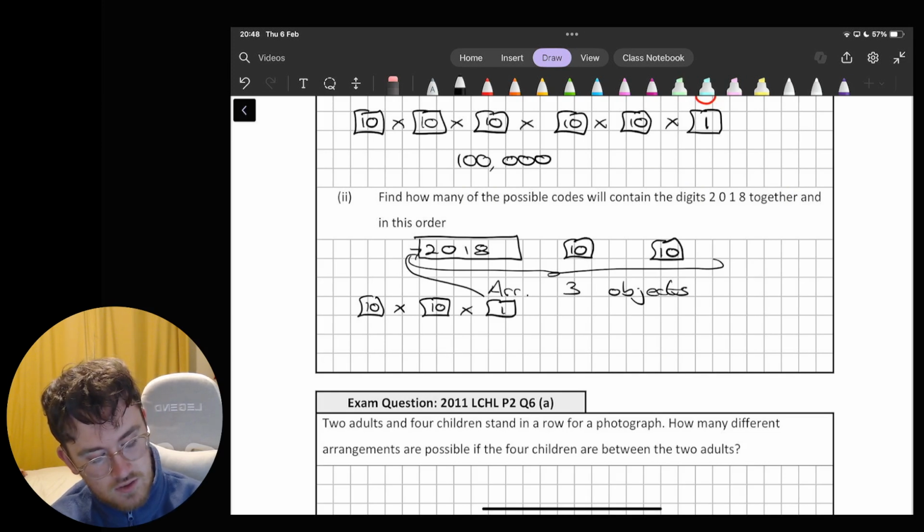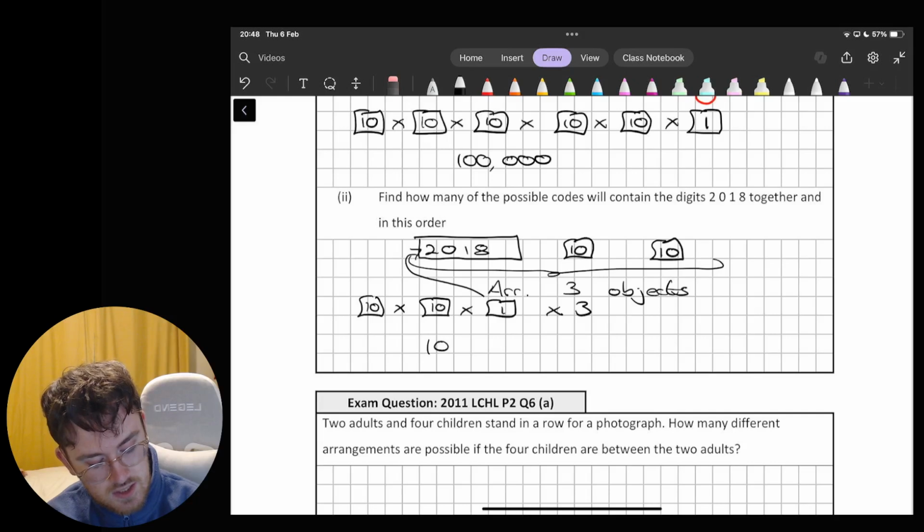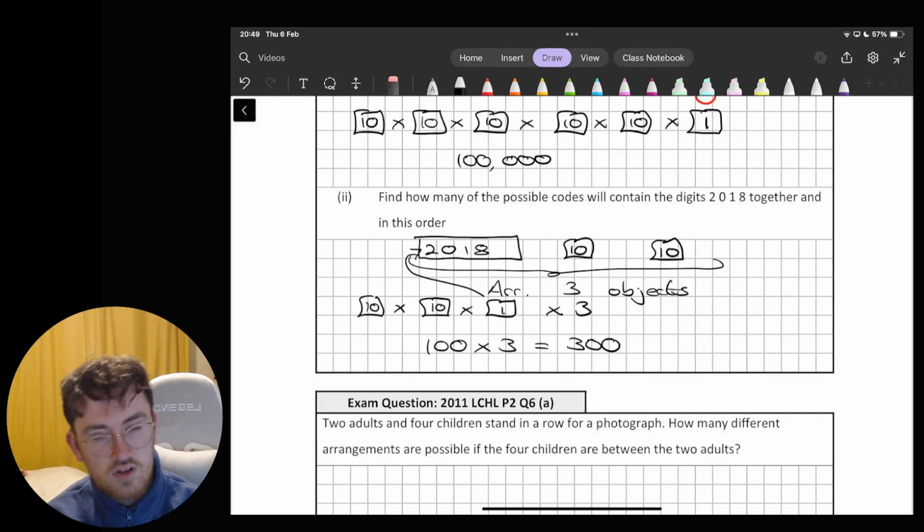And there are also 3 different ways that I could arrange that. I could have the 2018 in the first, second, or third position. So that's 100 times 3, which is 300. So 300 different codes are possible for that one.